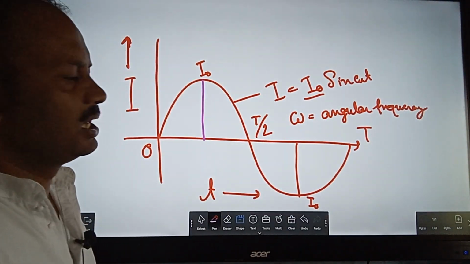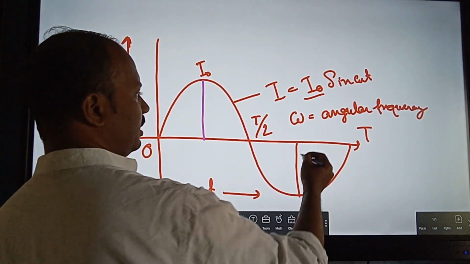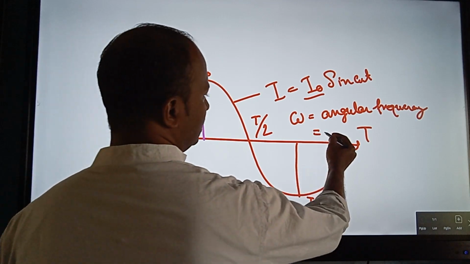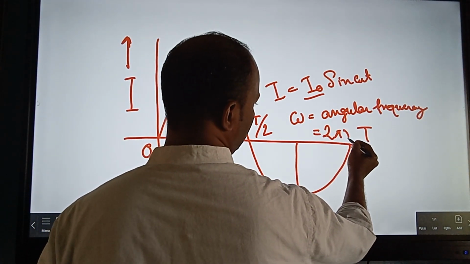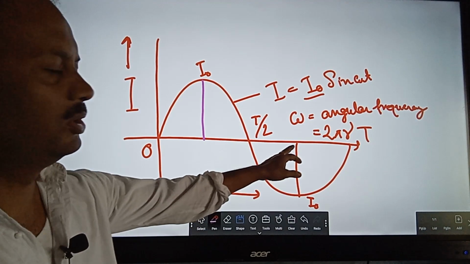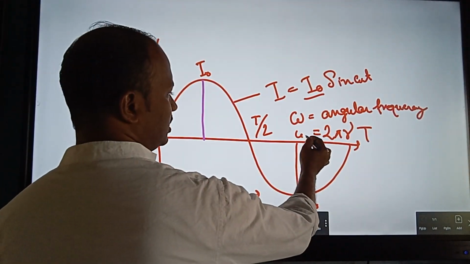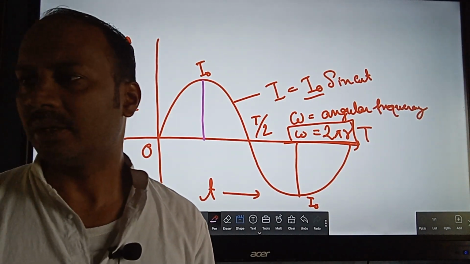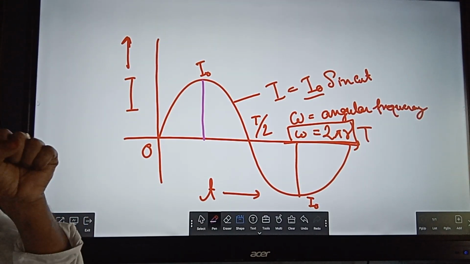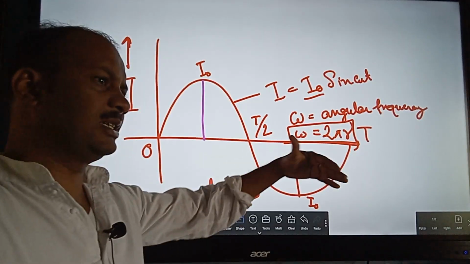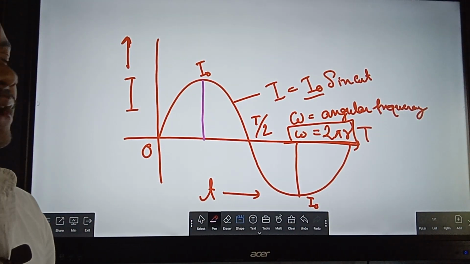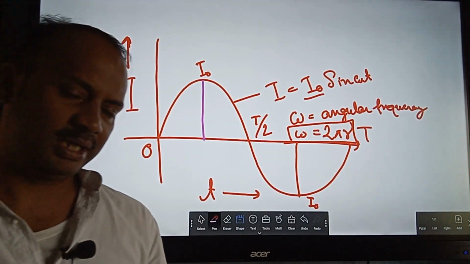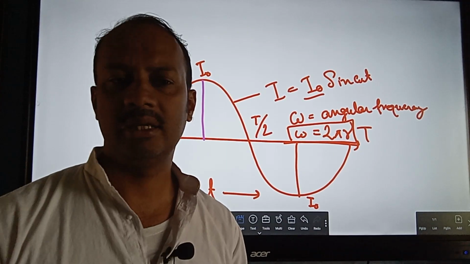The expression of omega is omega is equal to twice pi mu, the expression of the angular frequency. So it is very important, the expression for the alternating current: I is equal to I naught sine omega t. Here I naught is called the peak value of this current.